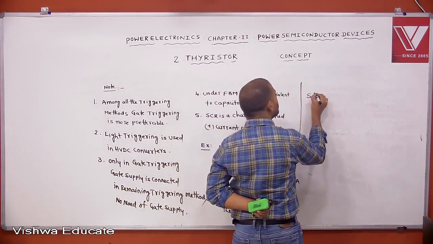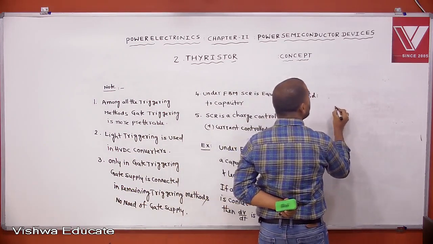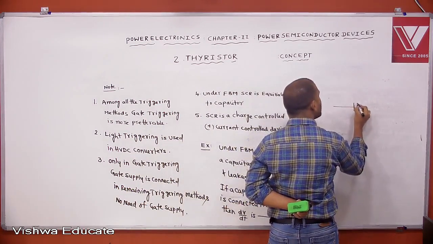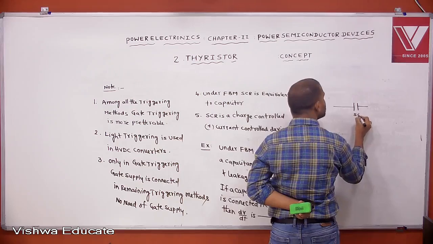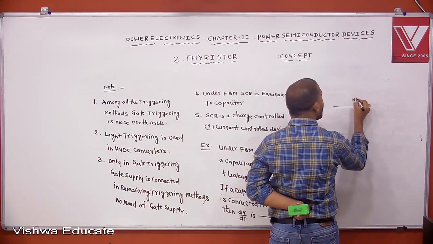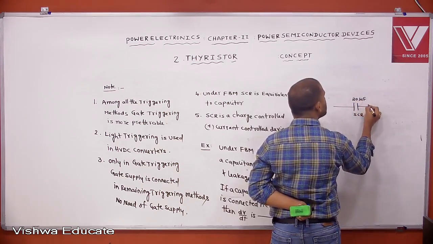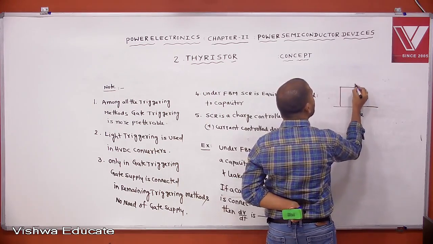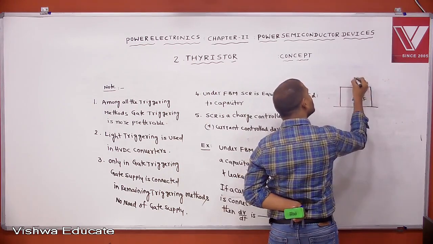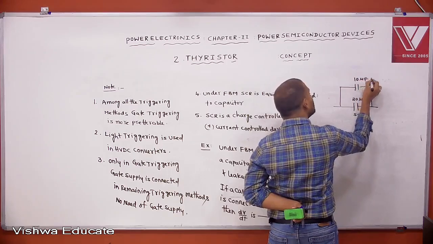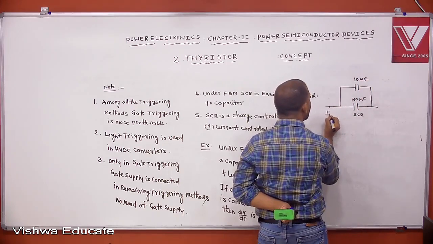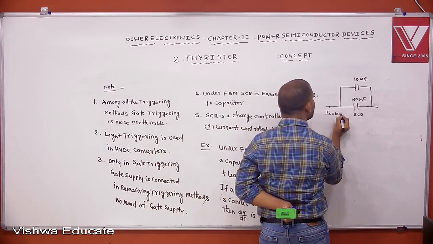Then what is the solution for this problem? The SCR in forward blocking mode acts as one capacitor of 20 microfarad. Then a capacitance of 10 microfarad is connected across the SCR. Then what is the leakage current in the SCR? It is equal to 10 milliamperes.